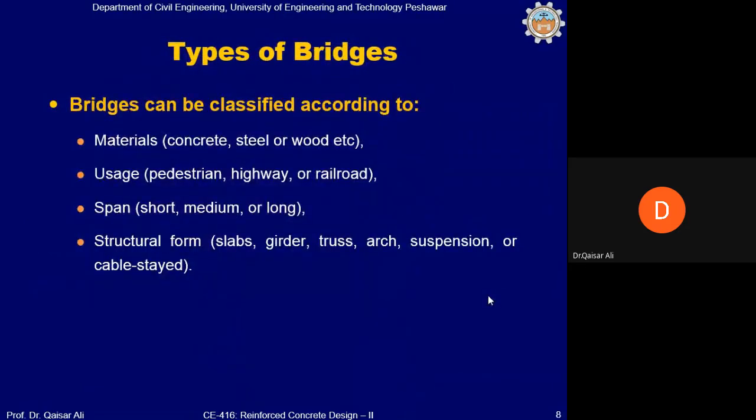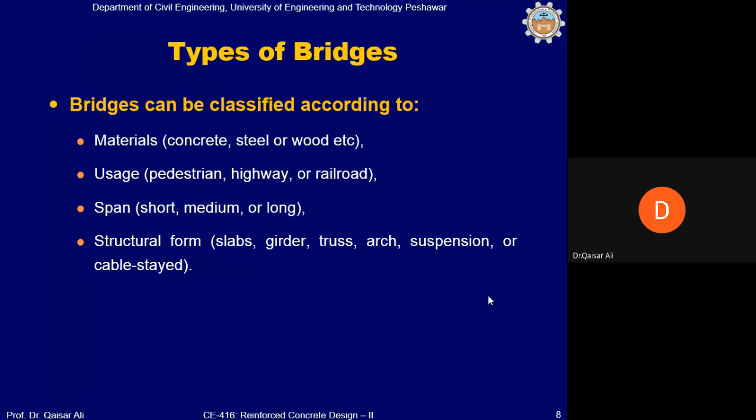Types of bridges. Bridges can be classified according to material, such as concrete bridges, steel bridges, or wooden bridges. According to the usage, like pedestrian, only used for pedestrian purpose, highway or railroad. Highway is for vehicles, cars and trucks, and railroad bridges are used for rails.